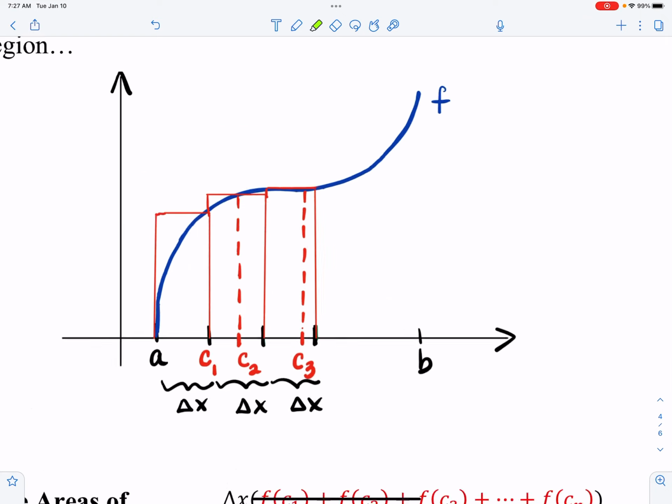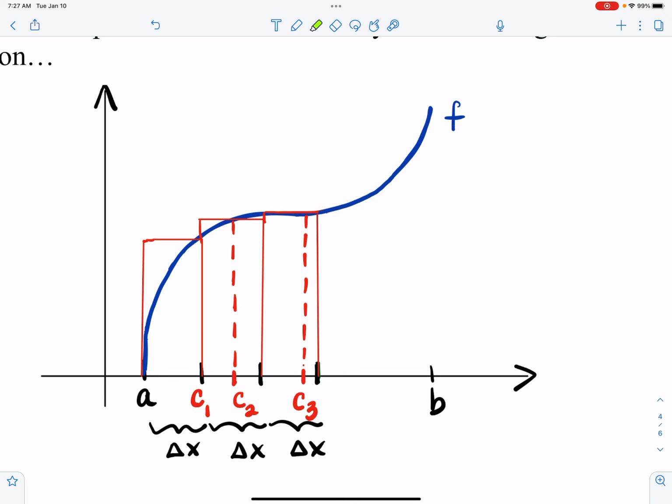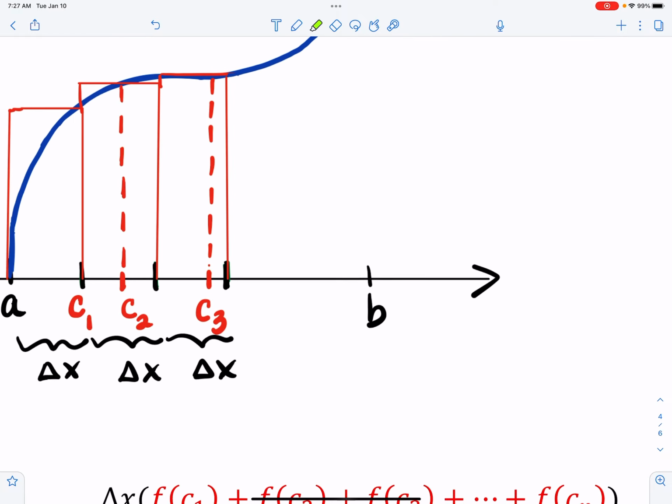In this picture, we have some rectangles drawn, but notice that the height of each rectangle is not determined just by a left endpoint or just by a right endpoint, or even necessarily the largest function value, right? It's just choosing random x values on each subinterval in order to find the height of each rectangle. And that's okay, that's allowed.